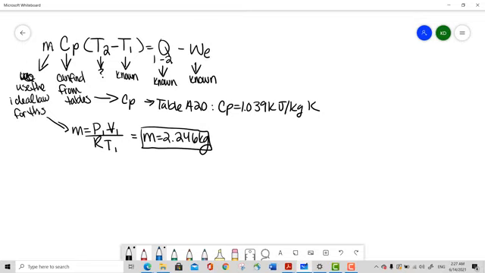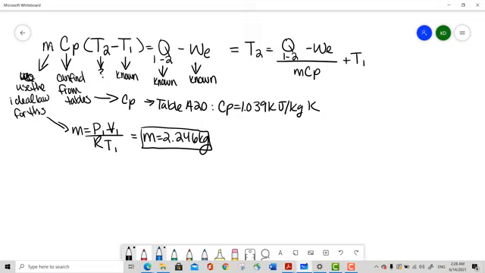So let's go ahead and get an equation going and isolate it for T2, right? So let's move everything over and take this equation to T2 equals Q1 to 2 minus electrical work over MCP plus T1, right?